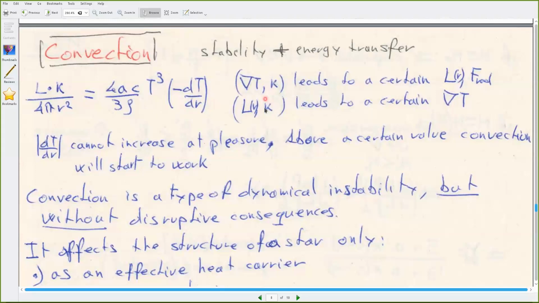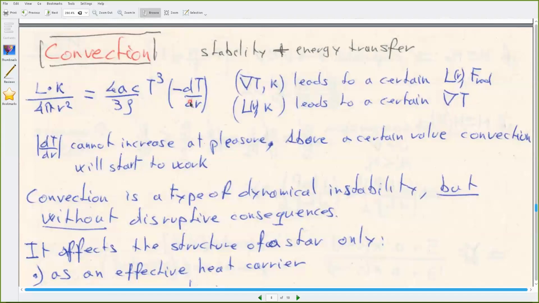Or if you have a high opacity, this means the opacity stops the radiation from passing, and there is higher interaction of the radiation with the matter. That means that matter will have higher energy, high internal energy, a lot of microscopic movement, so temperature increases where the opacity is high, so the gradient will be steeper.